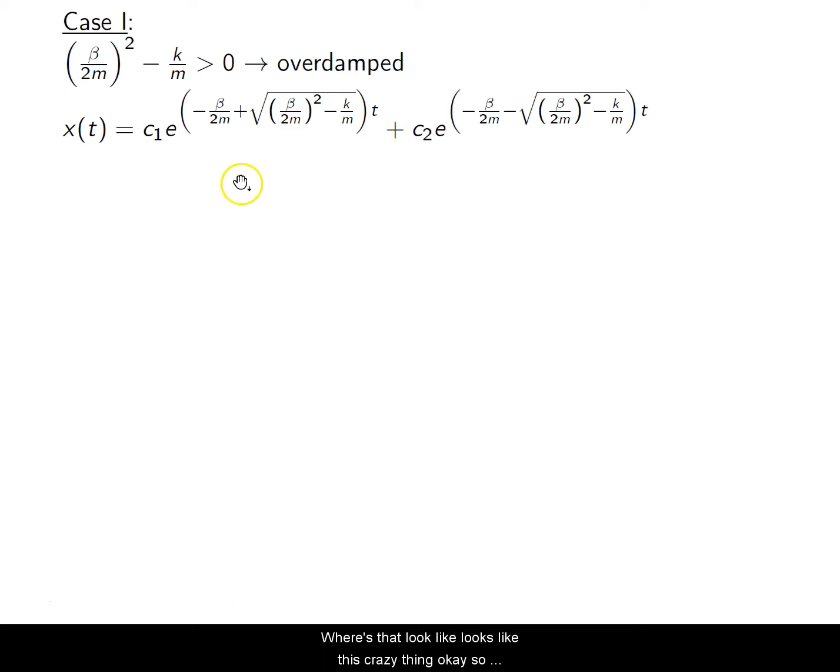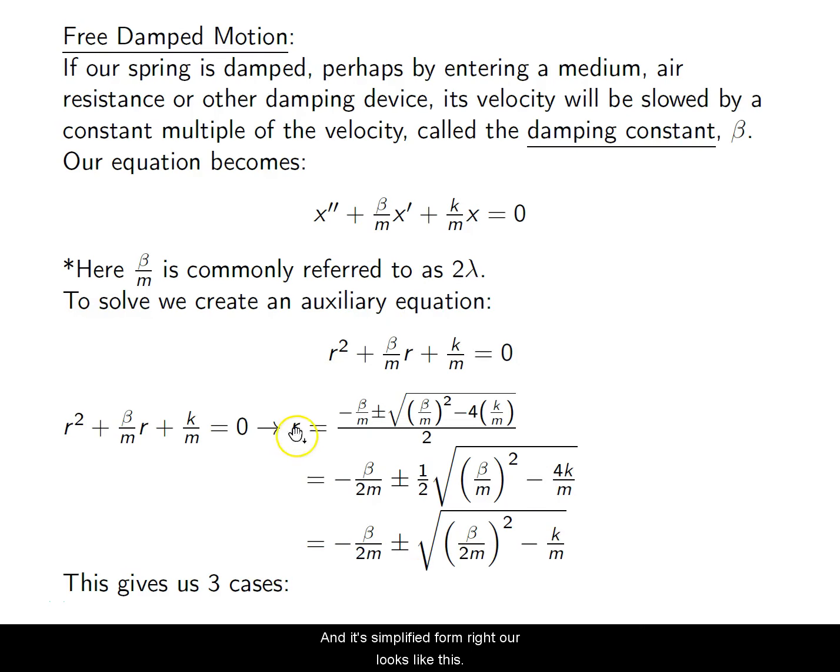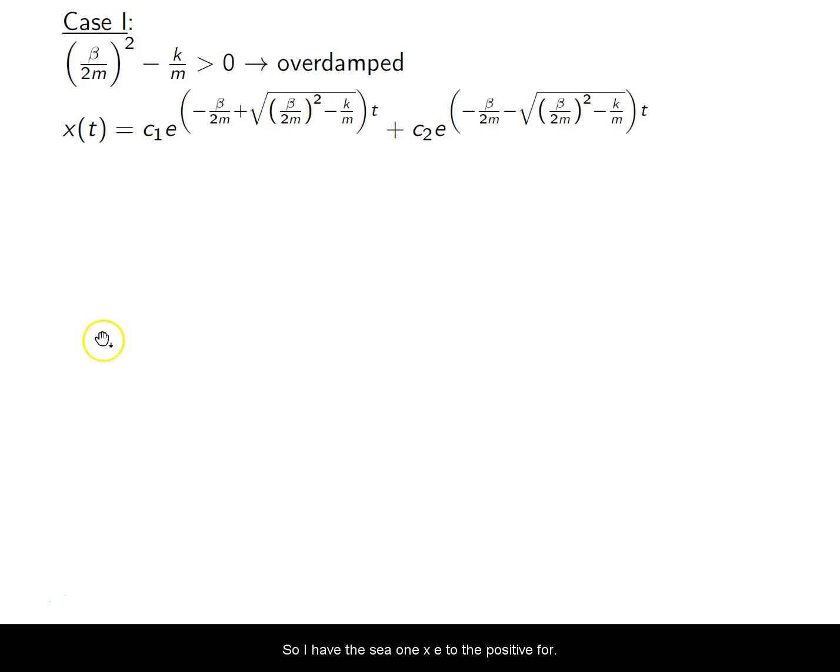So what does that look like? It looks like this crazy thing, okay? So again, C1, E to each of those solutions, right? So again, all I'm doing is I'm looking at the solution in its simplified form, right? R looks like this. So I have the C1 times E to the positive form plus C2 times E to the negative form.